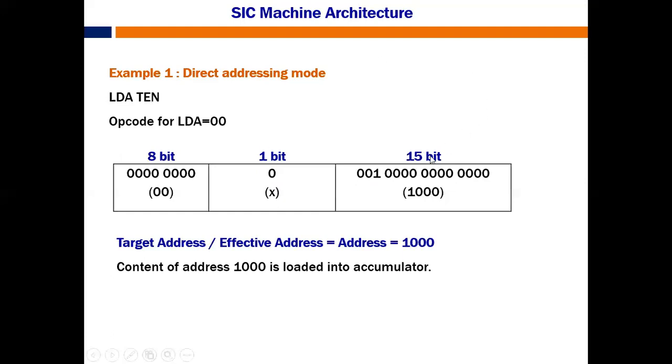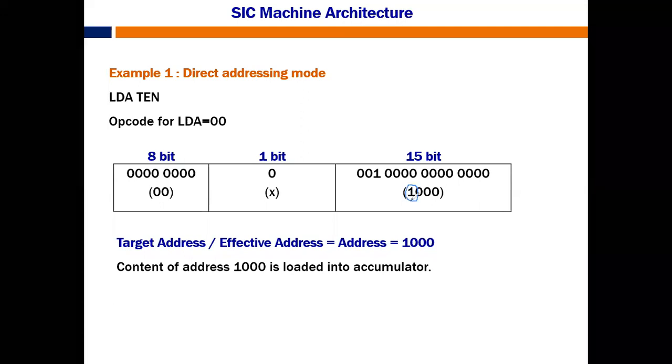In a 15-bit format, the first digit is taken as a 3-bit representation. Then the next 0 is taken as a 4-bit representation, the next 0 is represented as 4 bits, and the next 0 is also represented as 4 bits. So totally we have 3 plus 4 plus 4 plus 4, 15 bits here.